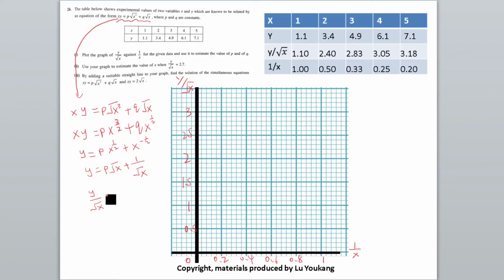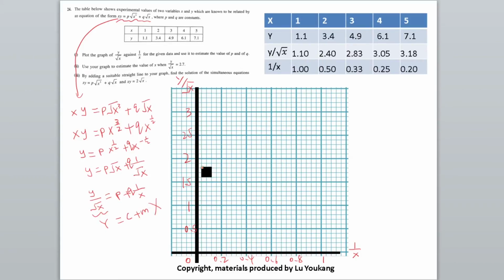Therefore, your left side is y over square root x equals p plus 1 over square root x times square root x. Square root x times square root x is x. And I have neglected the q, let me add it in. Therefore, this is the final equation.